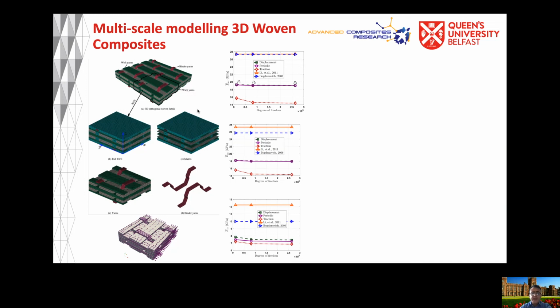And again, we did some simulations here. We developed a code for it, and the code can calculate the mechanical properties in the different directions, if you know the mechanical properties for each matrix and fibers on the micro scale.